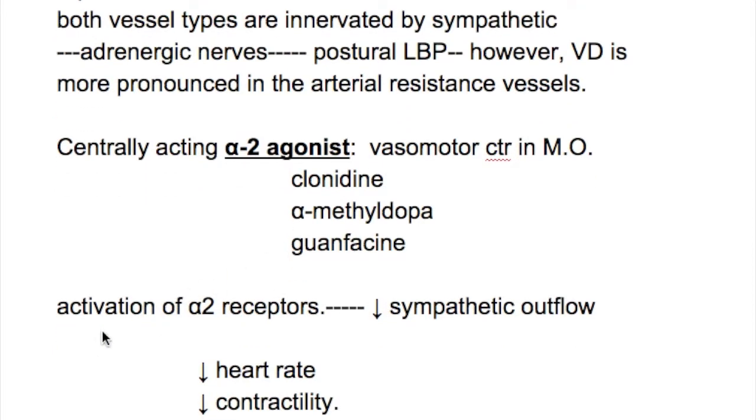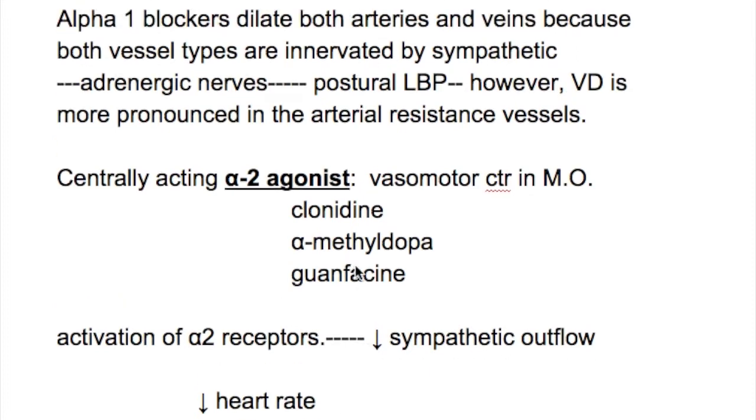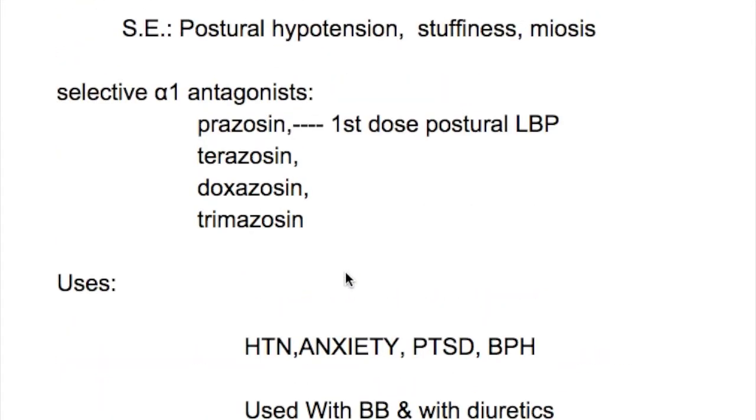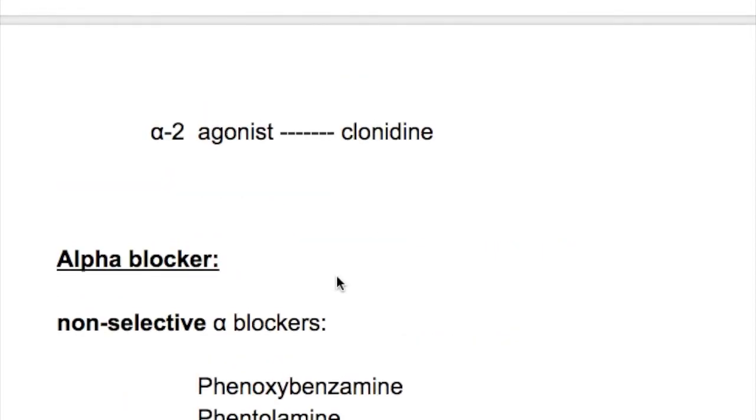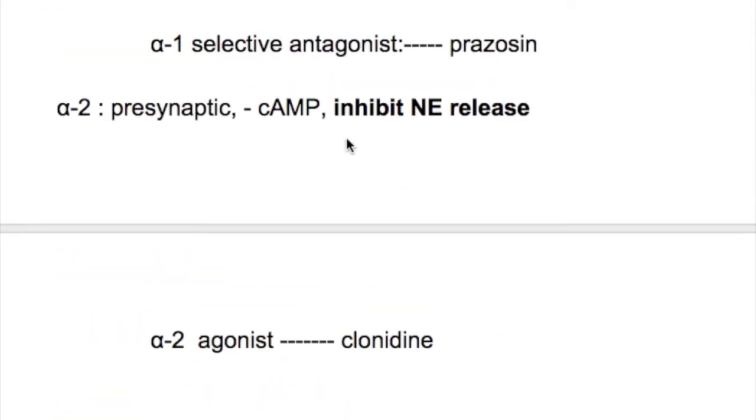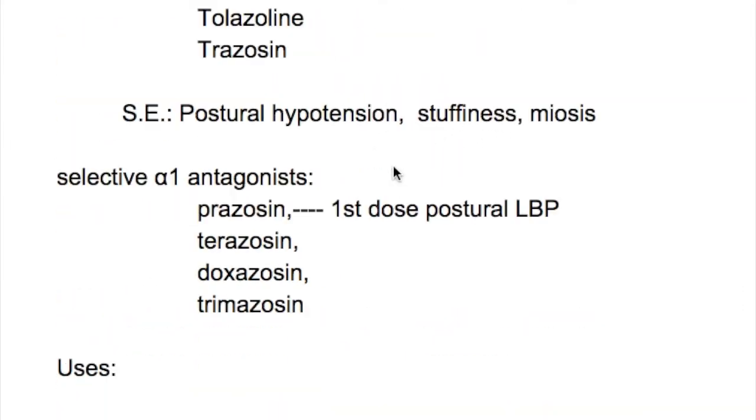So what does the activation of the alpha 2 receptor actually produce? The activation decreases the sympathetic outflow, as we just did here, in that alpha 2 inhibits cyclic AMP and inhibits the release of norepinephrine.